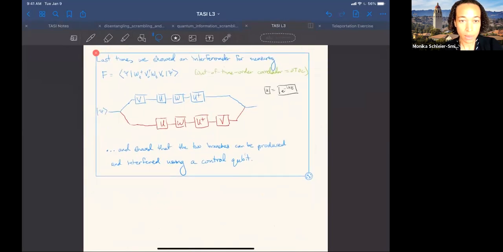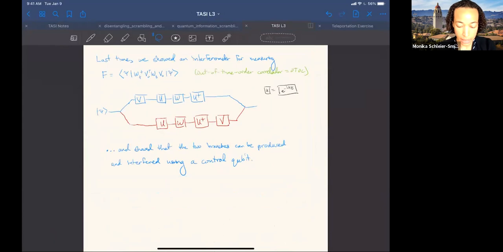Okay, so last time we had talked about an interferometer that you could build, and that actually has been built, for example, in the Google processor, for probing this commutator between some local operator V and some other time-evolved local operator W, right?